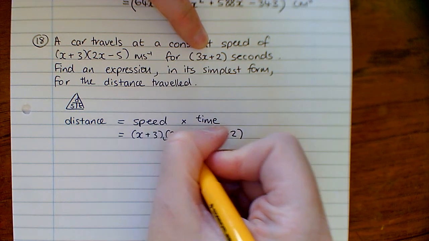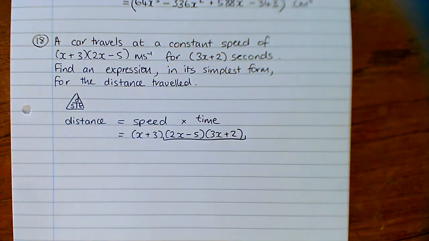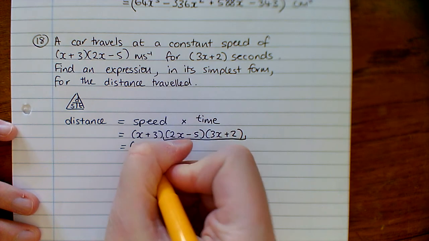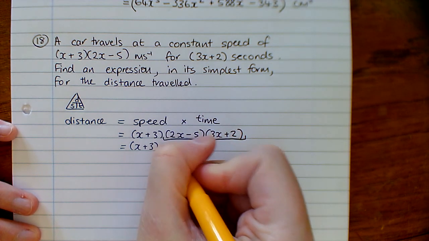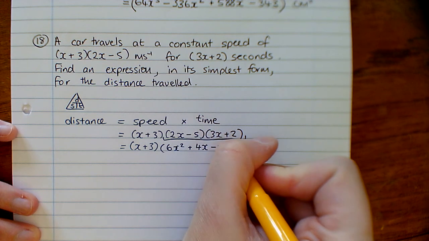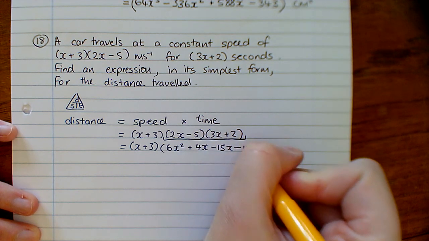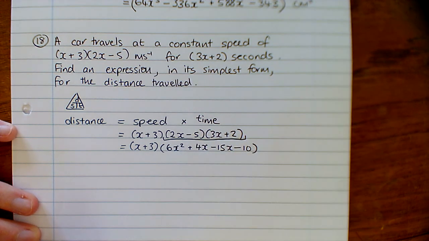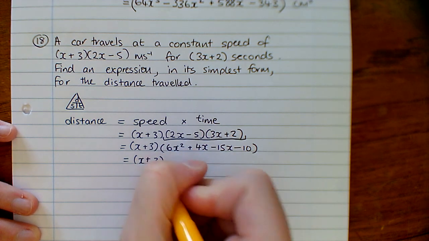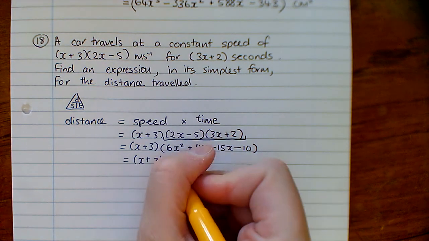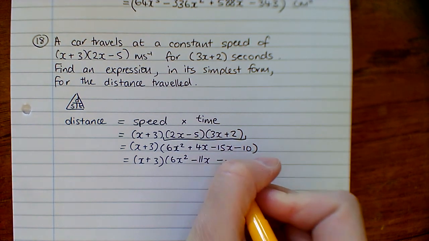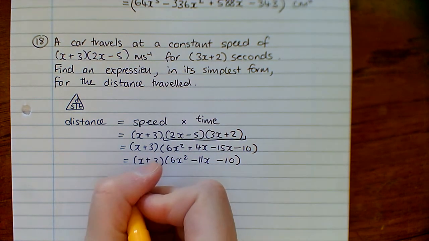So again, I'm going to multiply out these two brackets and leave the first one. So I'm going to get 6x squared plus 4x minus 15x minus 10. I'm going to tidy that up. I'm going to get 6x squared minus 11x minus 10.